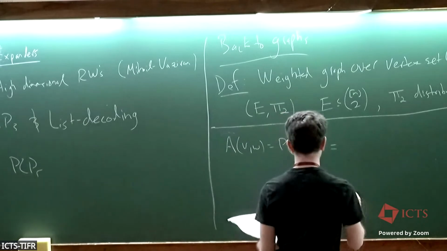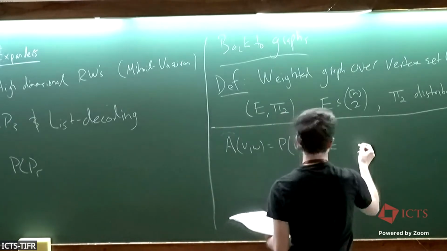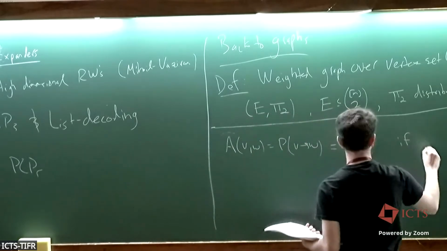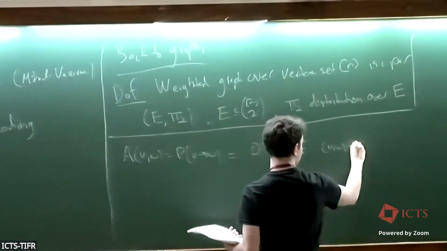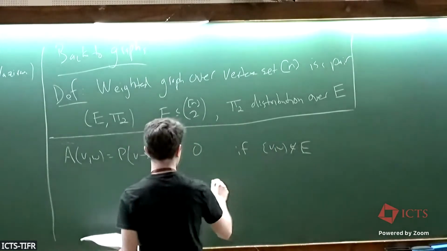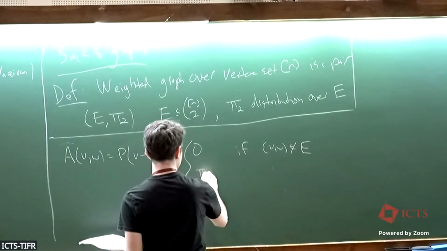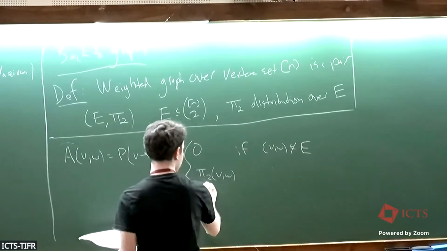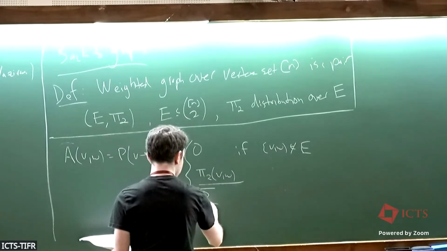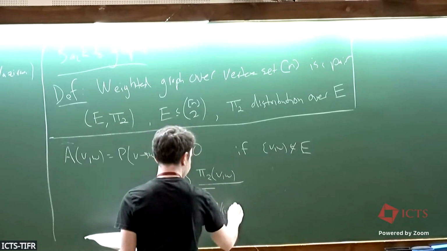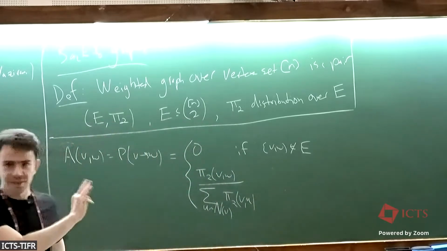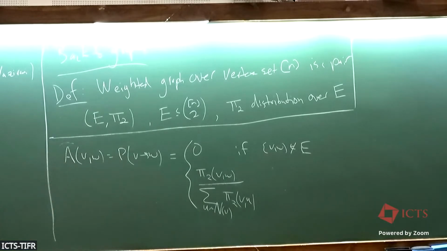And like we said, it's 0 if VW is not in E. And otherwise, it's pi 2 of VW normalized by the sum over all the neighbors U of V of pi 2 of VU. That's nothing more than formally writing out what we said over there.